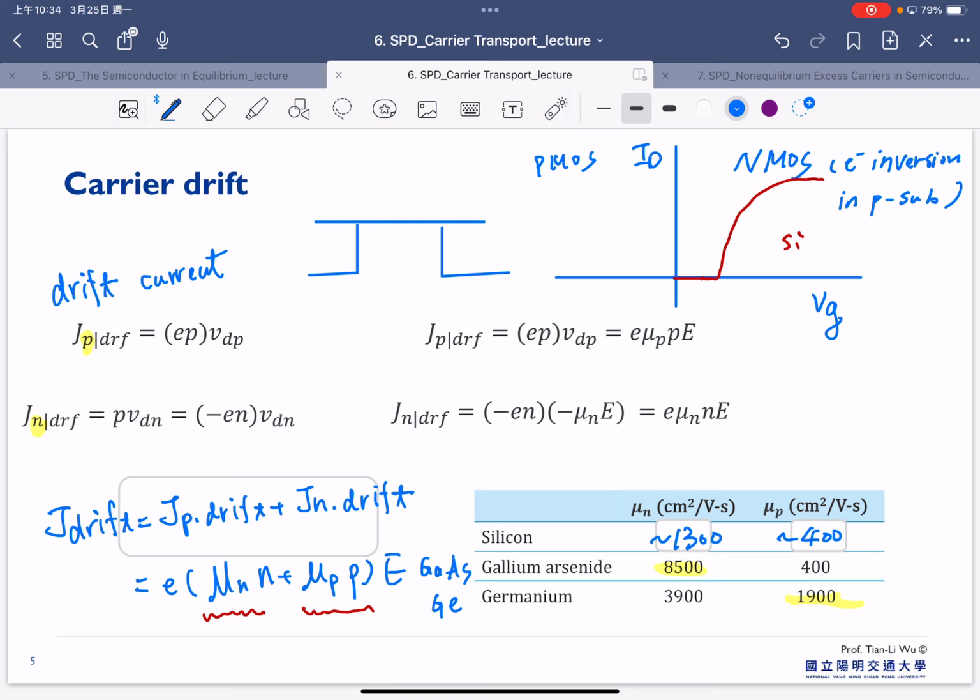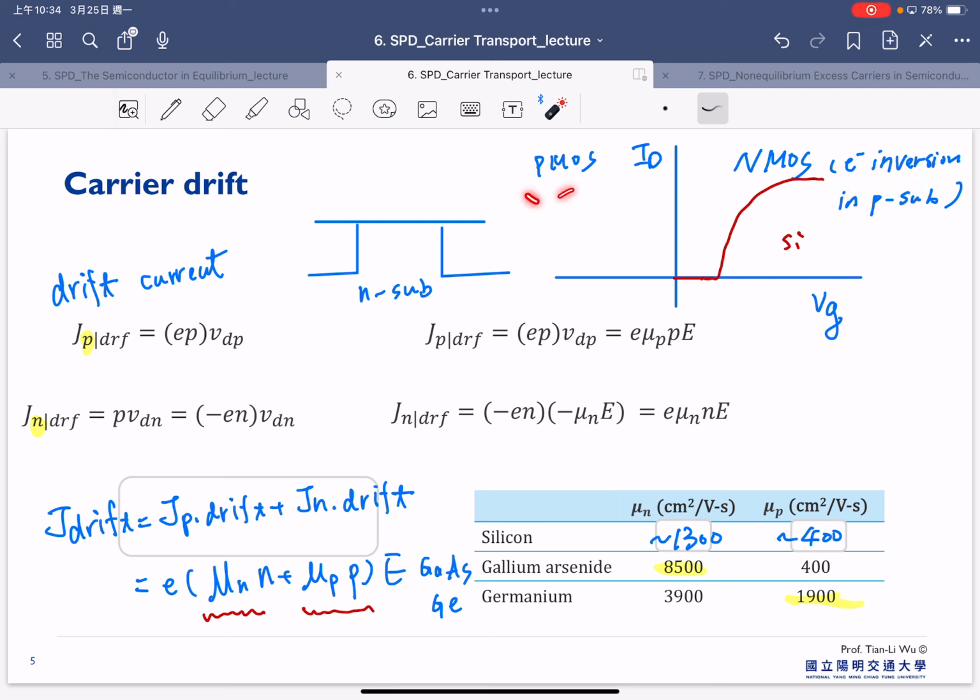So that's already pretty common. But now there's a case we call the P MOSFET. The P MOSFET is the case where we fabricate our MOSFET in the N-type substrate. So that's why here I mentioned this is P-type, because that's completely opposite compared to our NMOS.